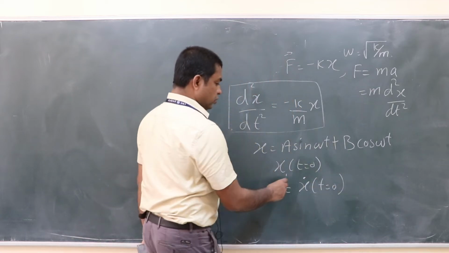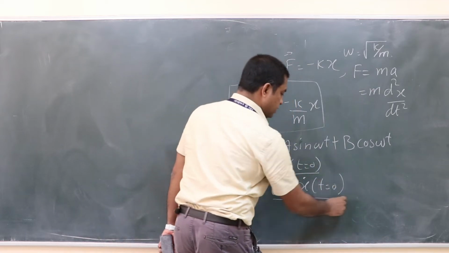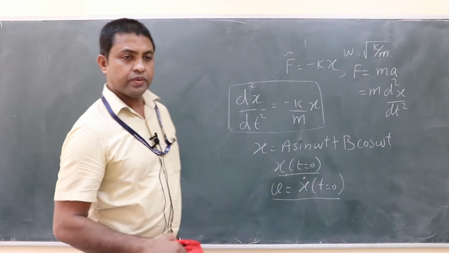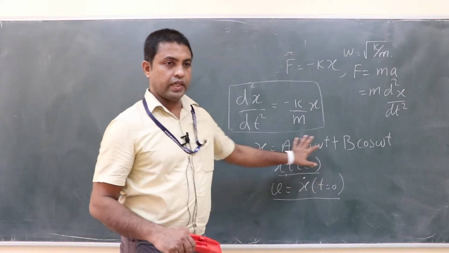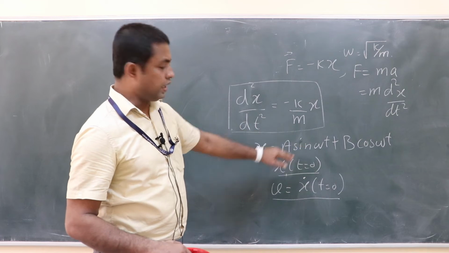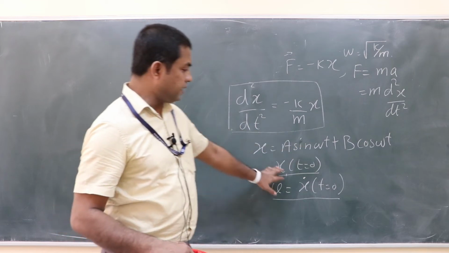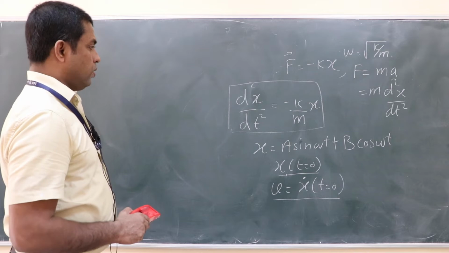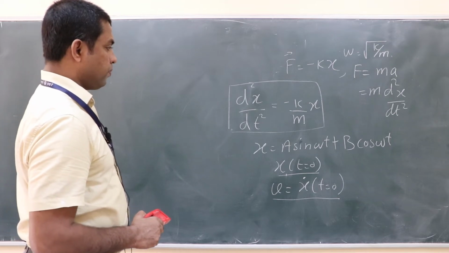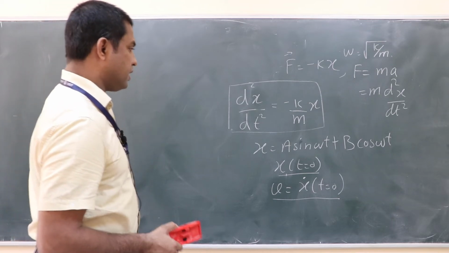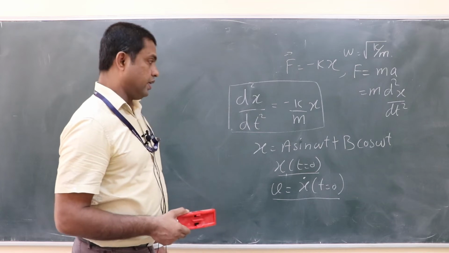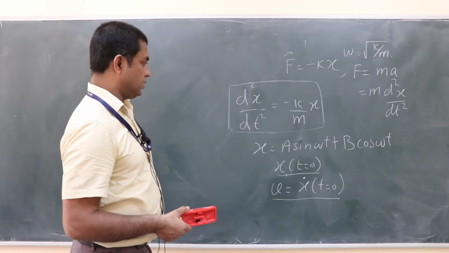If these two initial conditions are given, you can find out a and b. There are two unknowns here, a and b, and you can get them in terms of x and x dot. So for various initial conditions you can solve this analytically, explicitly.